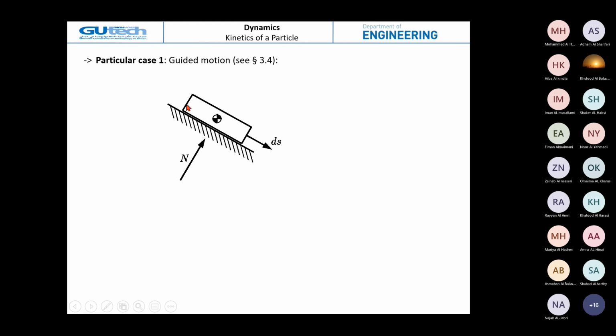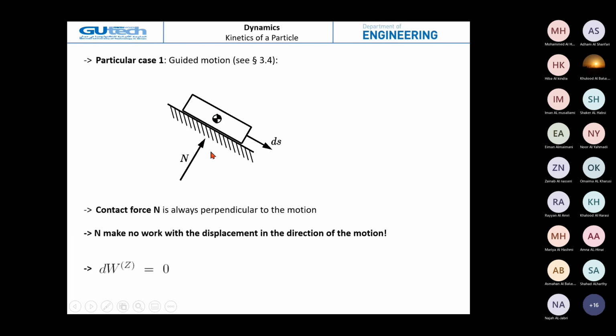Now if we take this sliding mass or particle m, sliding with displacement ds, we have the contact force between the ground and the particle m. This contact force is N. As we said, the contact force is always perpendicular to the motion, as it is perpendicular to the ground. Then N makes no work with the displacement in the direction of the motion.